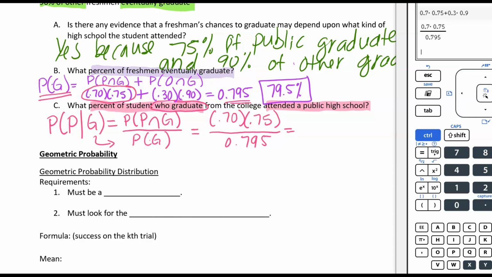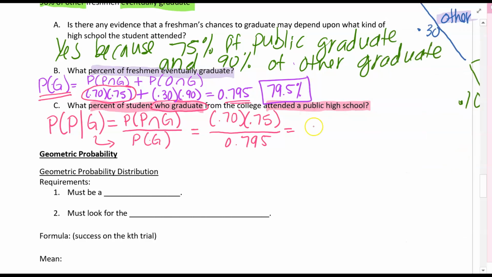Enter. You should have 0.660377. So that's about 66%.